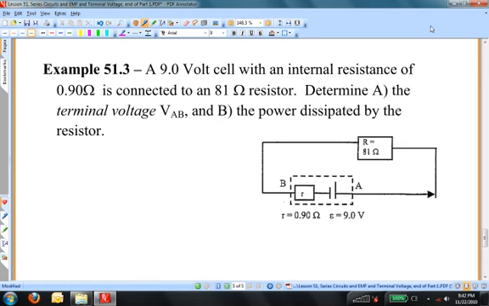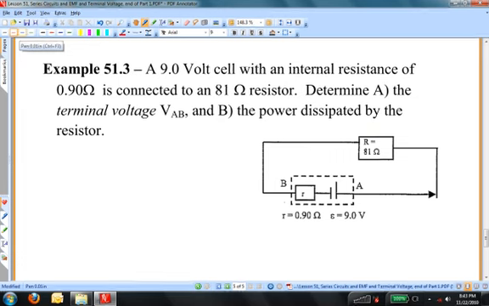So the first step in solving problems like this is to redraw the circuit and break the little internal resistor out of the battery temporarily so that you can figure out what the current would be in the case of an ideal circuit. So redraw your circuit to look like this.